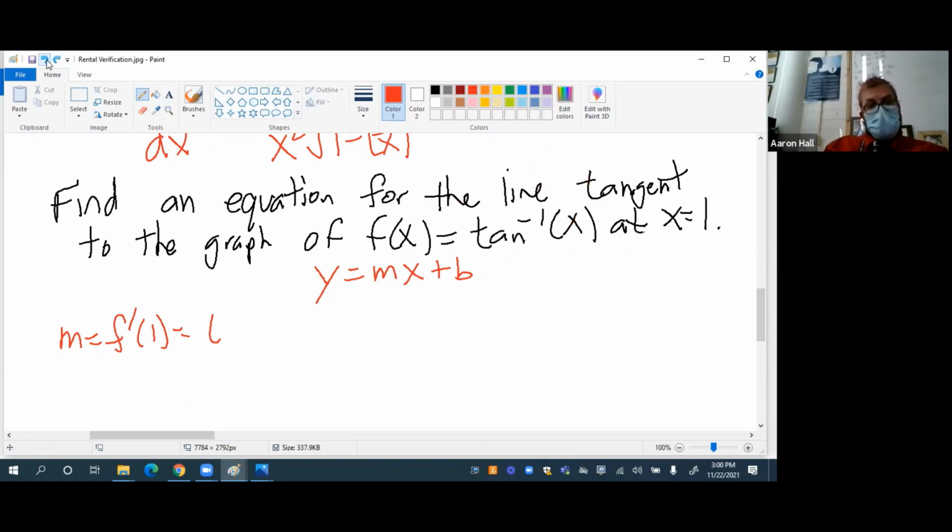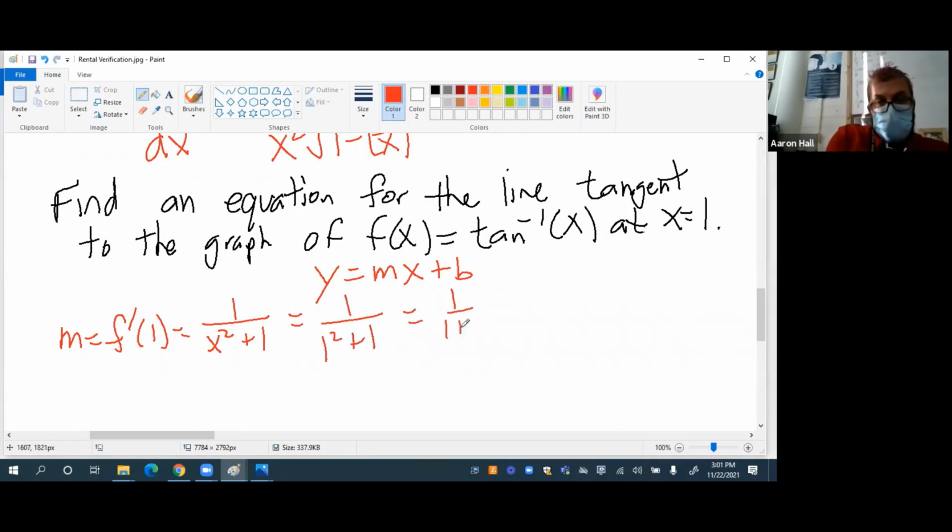It's 1 over x squared plus 1, right? But x is what? It's 1, so I have 1 over 1 squared plus 1, which gives us 1 over 1 plus 1, which is 1 over 2. Yes. Okay. So we have our M value. How do I find the B value?